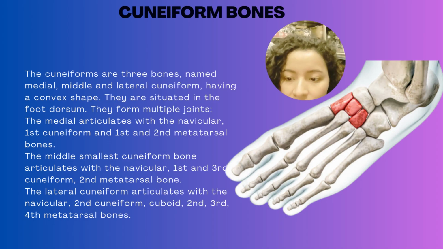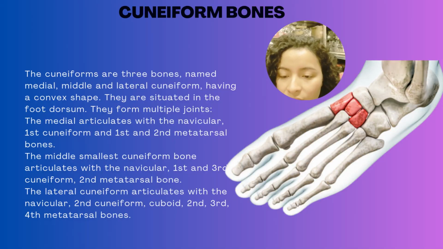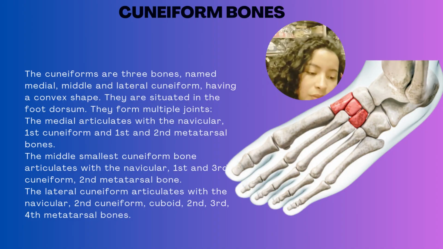The middle, smallest cuneiform bone articulates with the navicular, first and third cuneiform, and second metatarsal bone. The lateral cuneiform articulates with the navicular, second cuneiform, cuboid, and second, third, and fourth metatarsal bones.